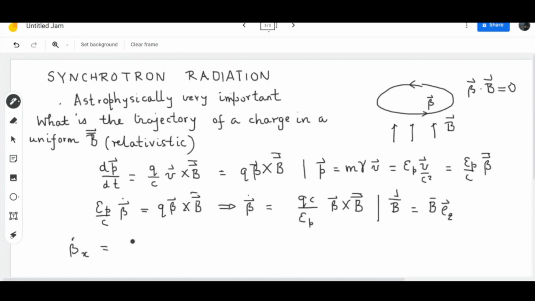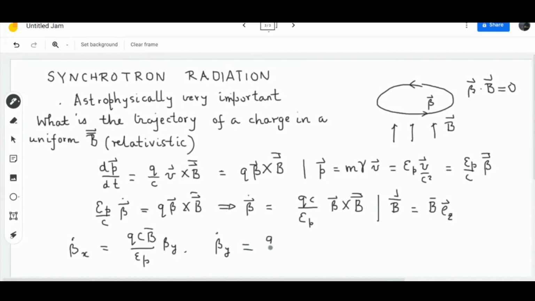What is that equal to? QC B bar by E times beta Y. And beta Y dot, what is beta Y dot?